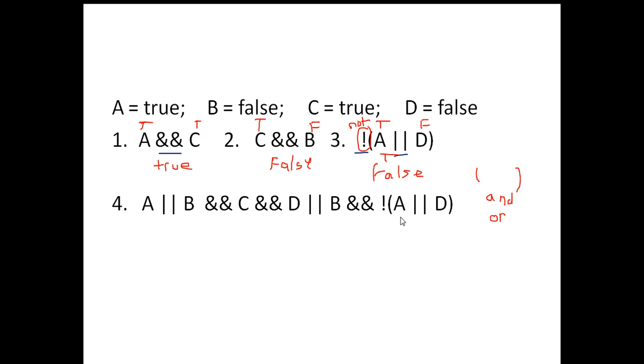So the parentheses first, this actually is the same as up here. So we're going to go A is true, or B is false, and we're going to do the fake ones.